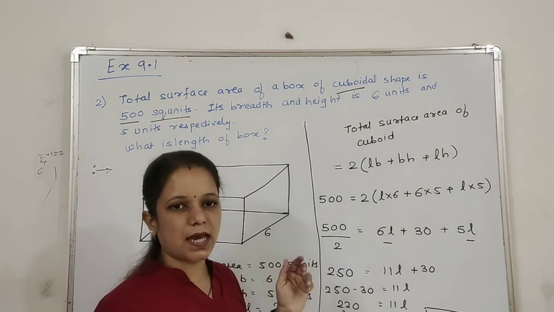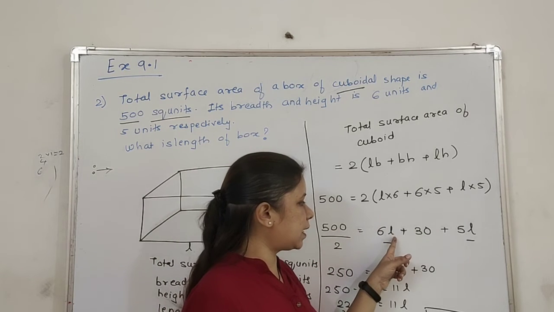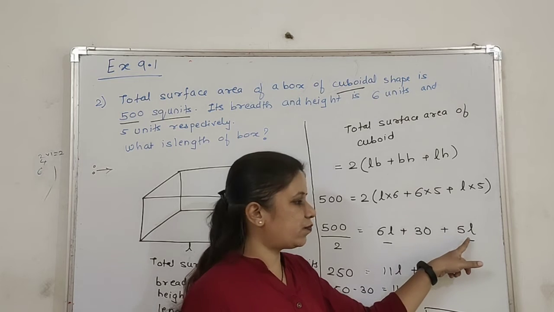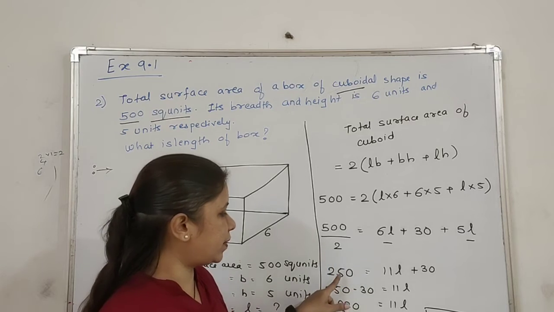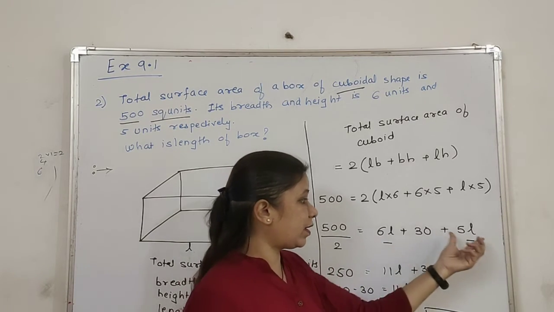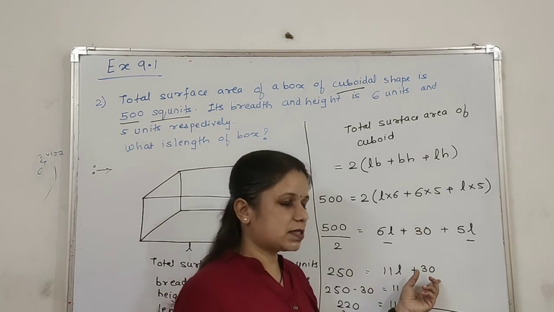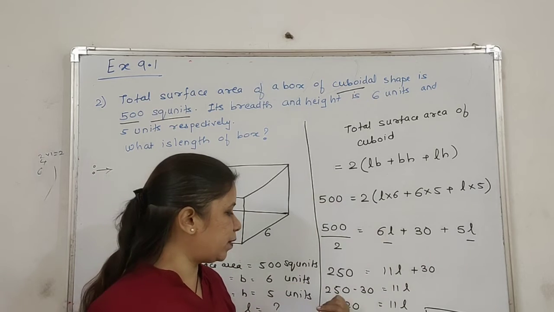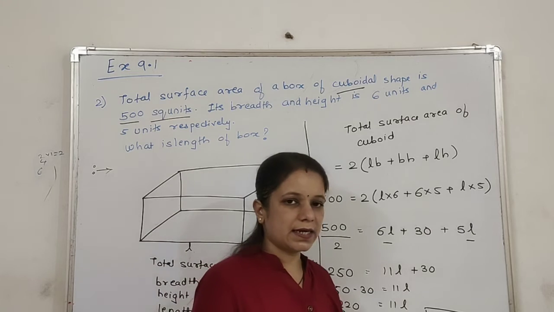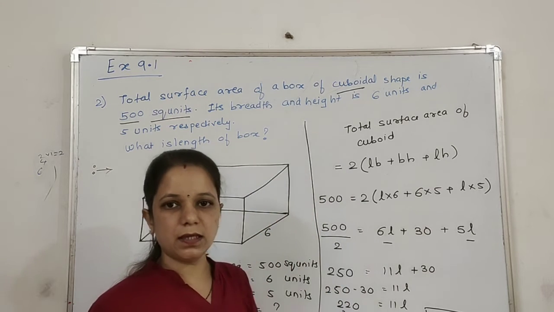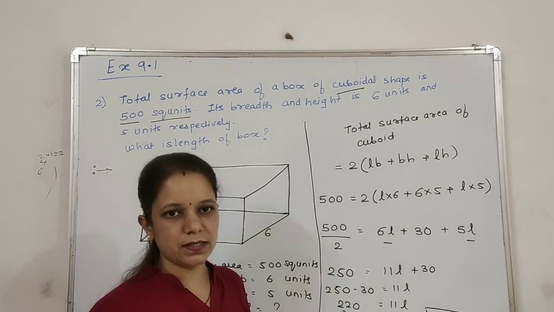When it changes its side, it will be divided. So 500 upon 2 is equal to 6L plus 30 plus 5L. Half of 500 is 250. 6L and 5L are similar quantities, so we will add them. It will be 11L plus 30. 30 will come on the other side, it will be minus. And then this 11 will be divided. And then we will get the answer as 20. So length equal to 20 units. Very simple calculation. Okay? Note it down please.